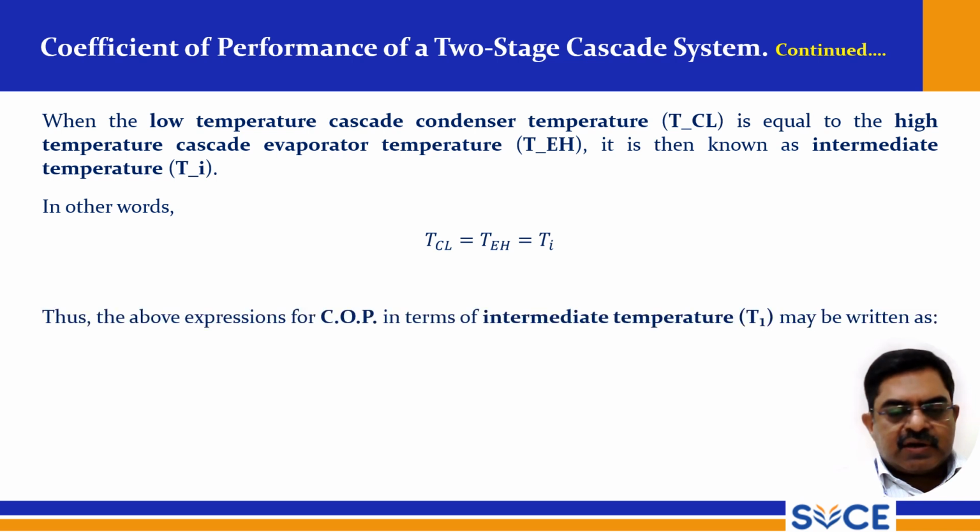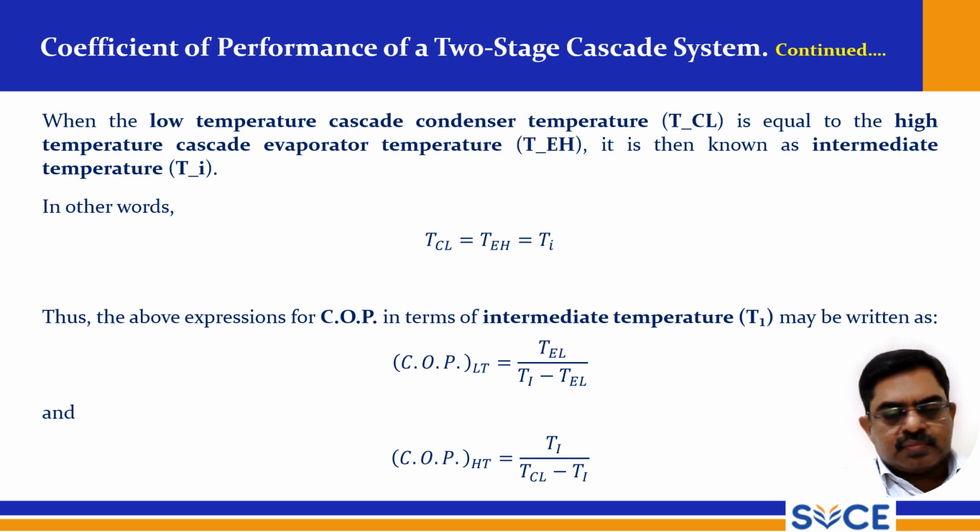Thus the above expression of COP in terms of intermediate temperature Ti may be written as COP of LT equal to TEL divided by (Ti minus TEL), and COP of HT equal to Ti divided by (TCH minus Ti).